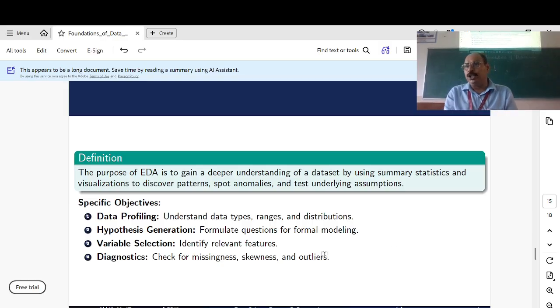Next is a very important definition. What is meant by exploratory data analysis? EDA is to gain a deeper understanding of the data set. We have a data set, and we need to understand in depth the meaning of each of these values. I told you yesterday, in the example of going to a movie or not, you wanted to make a decision.